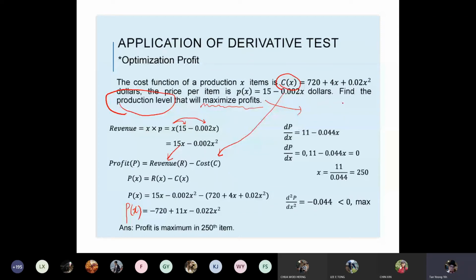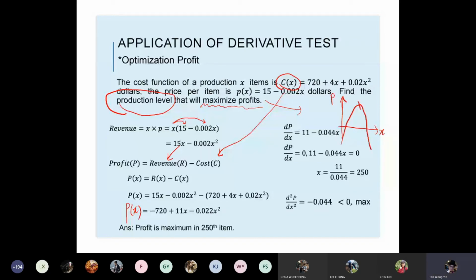Now you imagine the x here is the quantity, and this is the profit. So when we have this function, we can actually sketch the graph. Okay, we can actually sketch the graph like this.